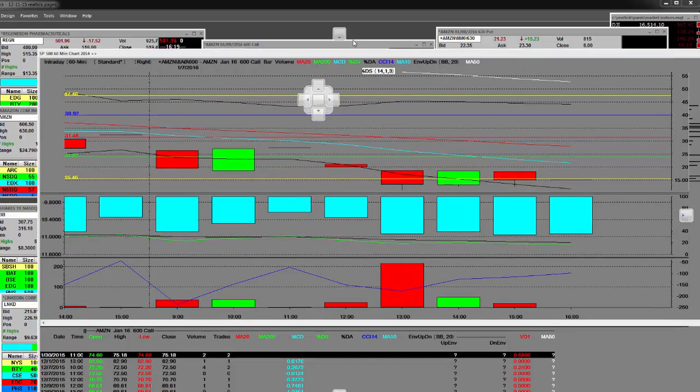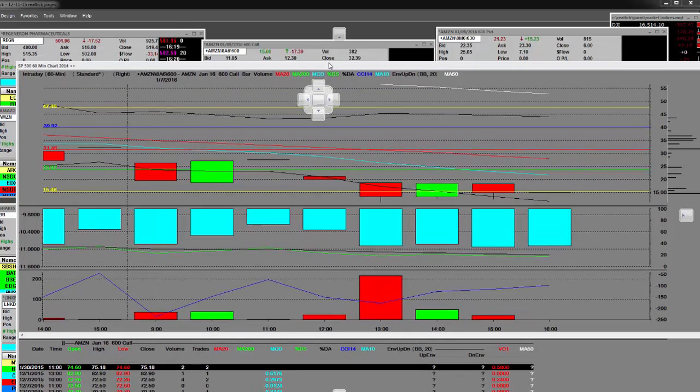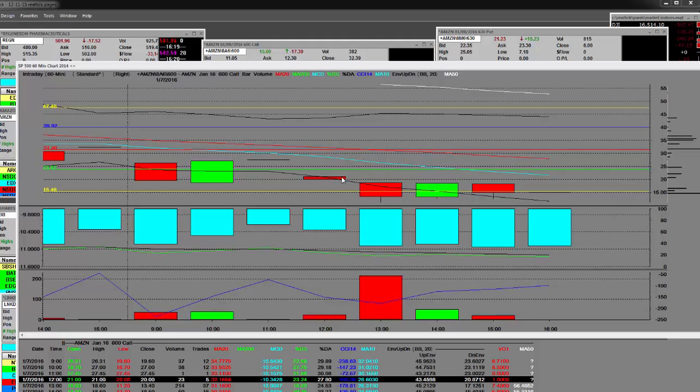It's still a weekly, but check it out. You can see over here on the 60-minute chart, the high was 1870, opening bell 1870, and an intraday high at $27. Then they were over here on the 7th. The highs were $21.